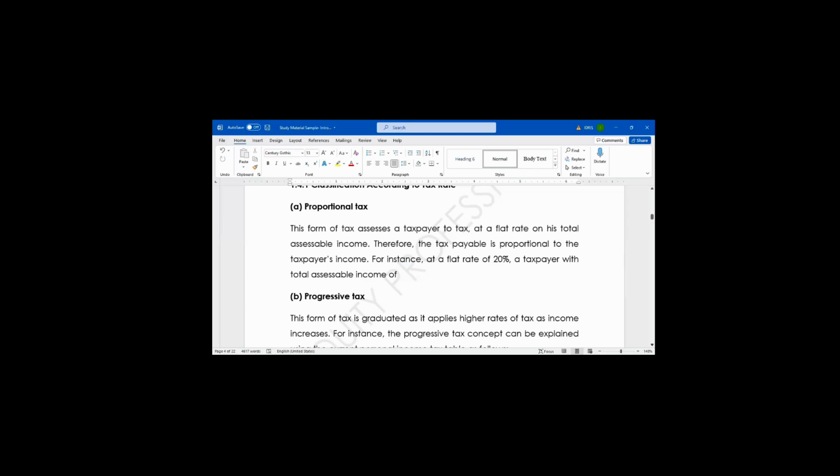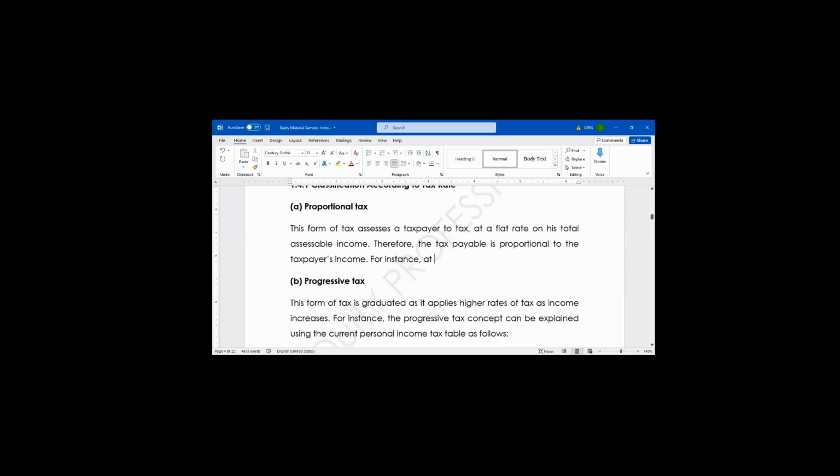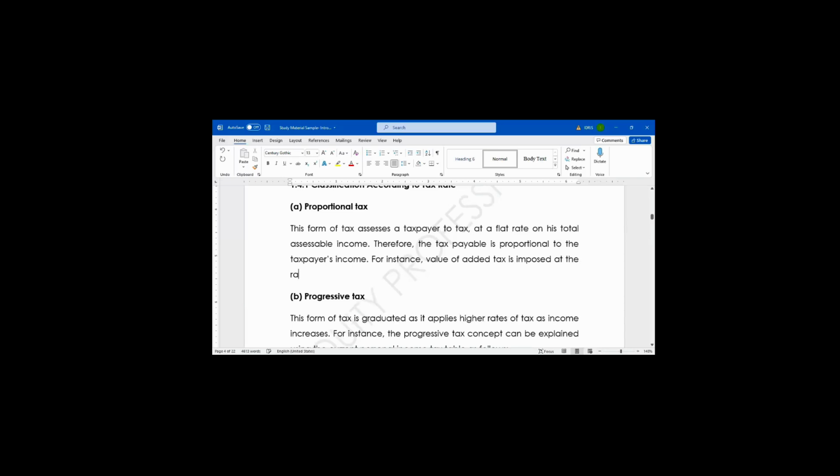Example of proportional tax: value-added tax is an example of proportional tax.